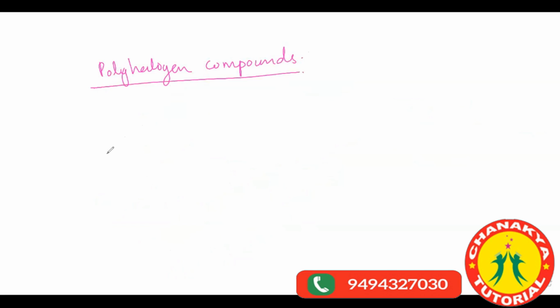In that, first, dichloromethane. That is also called methylene chloride, correct? What would be the structure for dichloromethane?